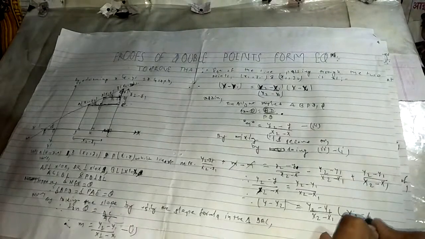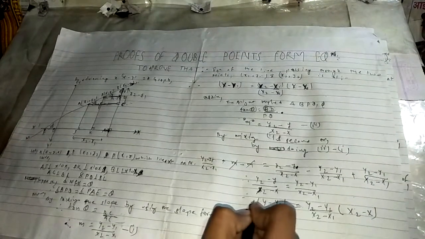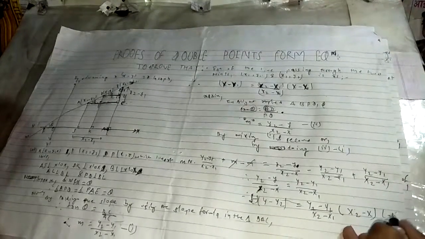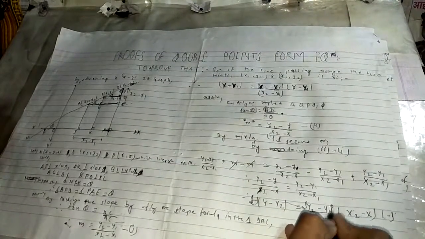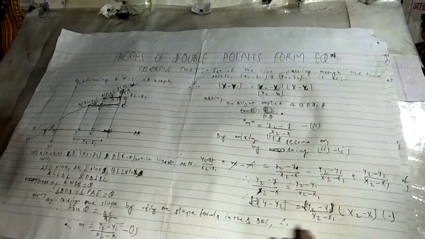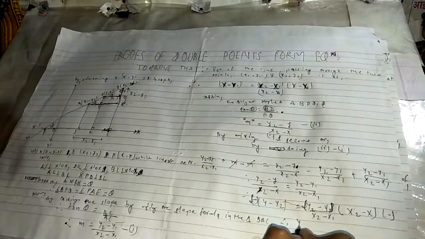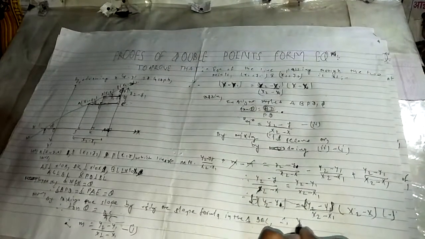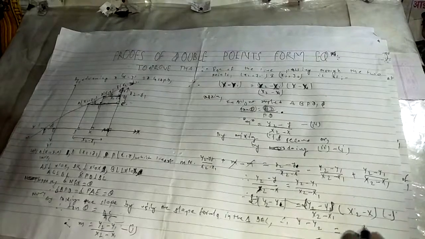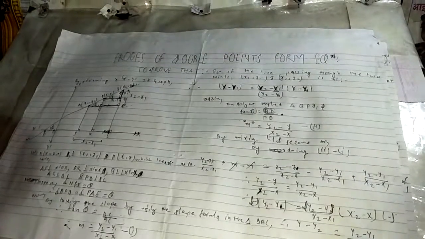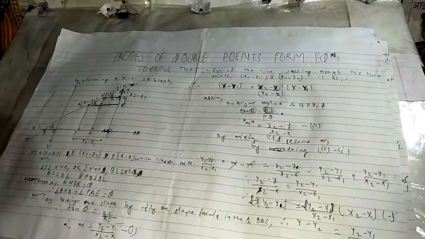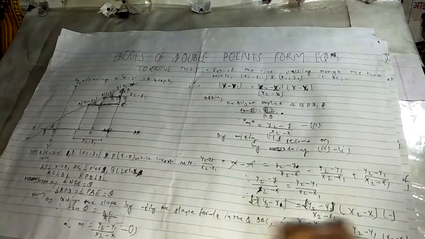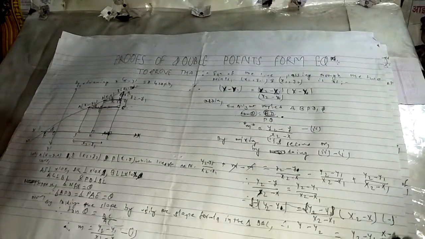By multiplying both sides by the minus sign, it becomes y minus y2 equals y2 minus y1 by x2 minus x1 into x minus x2.